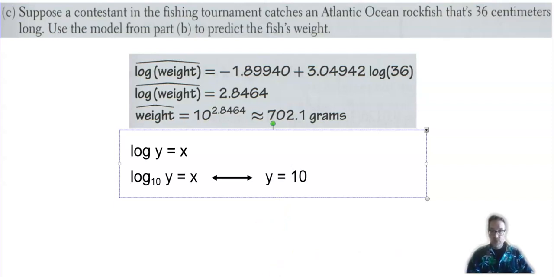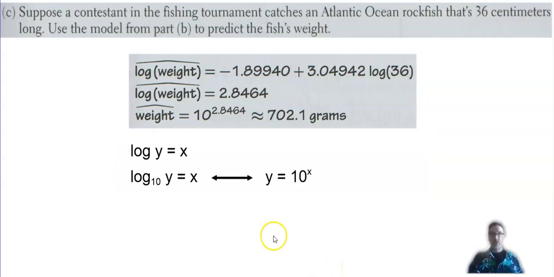There we go. We wanted the base of 10 raised to this power equals this number. I had it written down backwards. So that's what we did here. We said 10 raised to this power equals my predicted weight. So that's how we did that.